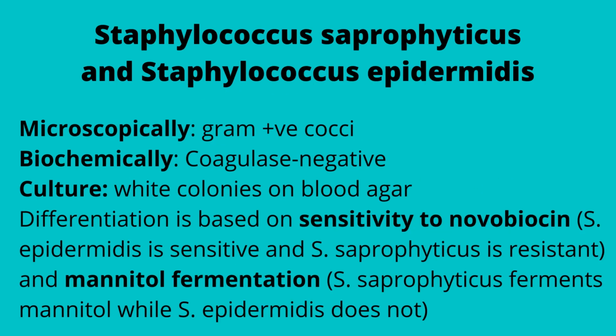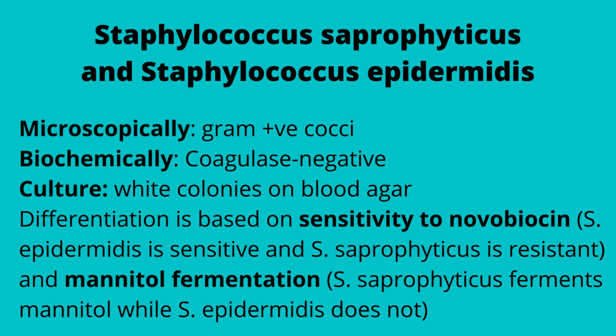While the lab diagnosis of the other two species includes, microscopically they are also gram-positive cocci, biochemically they are coagulase negative that differentiates them from Staphylococcus aureus, but they are catalase positive, that is a common factor in the three species. On culture, on blood agar, their colonies are non-hemolytic and white colored.